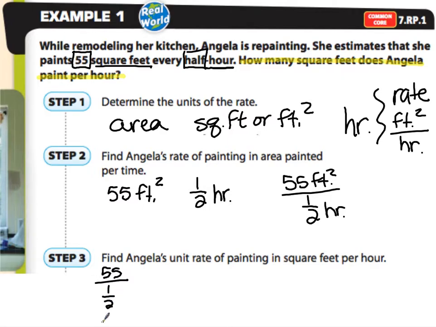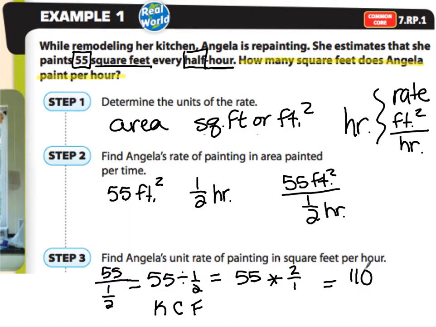So this is like 55 divided by 1/2, which you should really like, because what that actually means is keep, change, flip. So 55, change to multiplication, flip to get the reciprocal. All right, so keep, change, flip. So we have 55 times 2, which gives us 110.